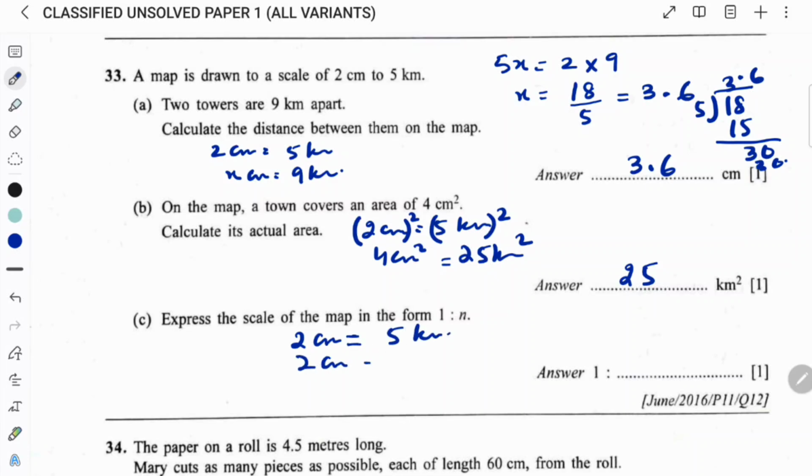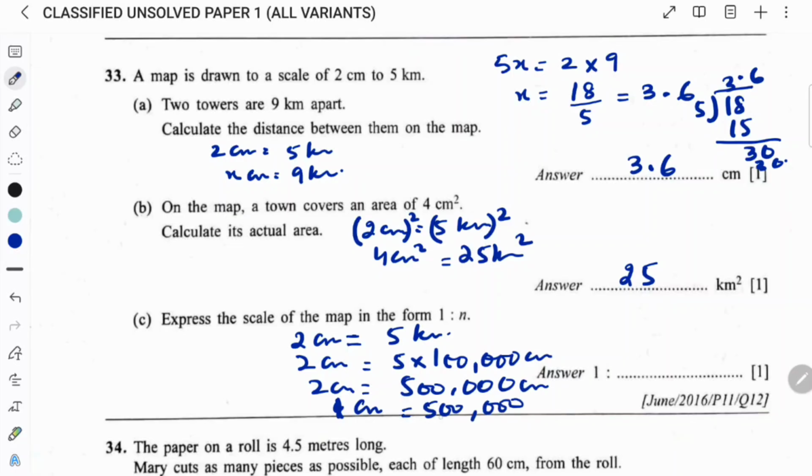Kilometers into centimeters: 5 into 100,000, that is 500,000 centimeters. So 2 centimeters equals 500,000 centimeters. For 1 centimeter, 500,000 divided by 2 is equal to 250,000. So that is equal to 1:250,000. So we made both sides centimeters, the same unit. That's why we can write down 1:250,000.